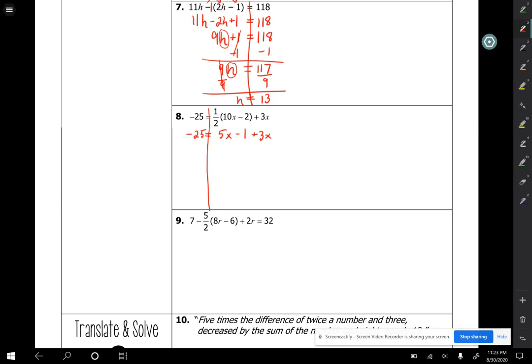I need to combine like terms before I can solve. 5x plus 3x is 8x, minus that 1 from above. Now I'm ready to solve for x. Add 1 to both sides. Negative 24 equals 8x. Now divide by 8 on both sides. Negative 3 equals x.